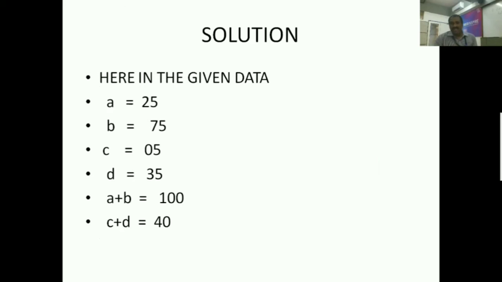So here we are describing the given data. A is 25, B is 75, C is 5, and D is 35, and A plus B is 100, and C plus D is 40. These are the given values.